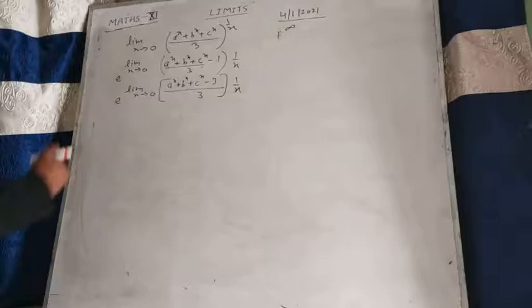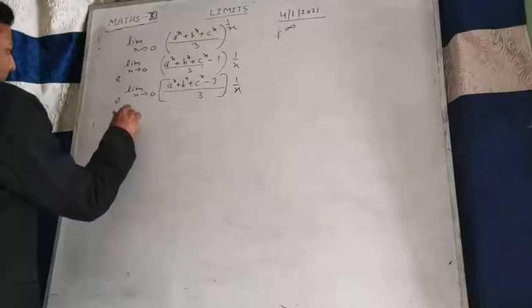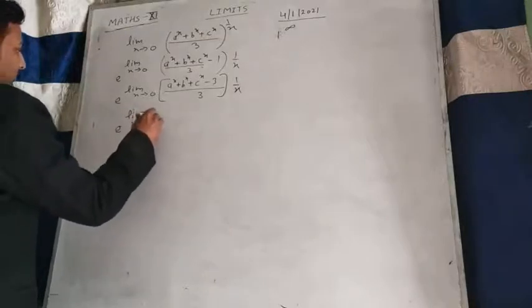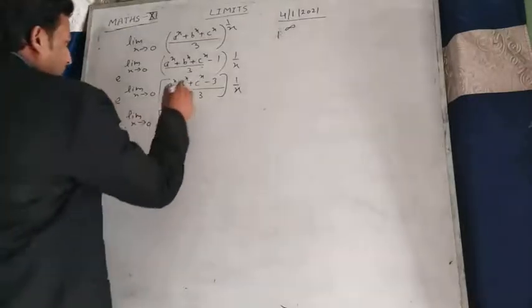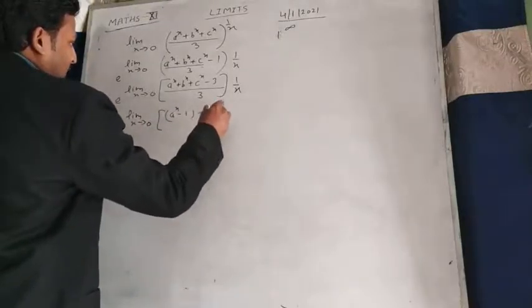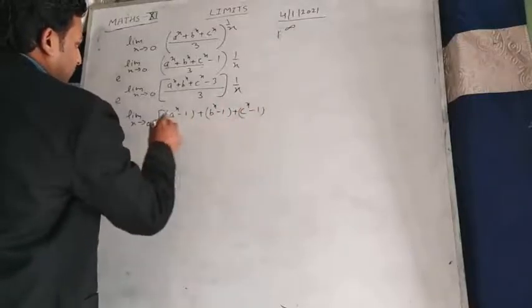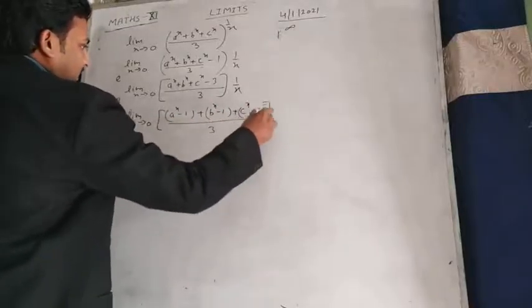Now students, we will make this. We write e to the power limit x tends to 0, and we can write (a^x minus 1, b^x minus 1 and c^x minus 1) by 3.